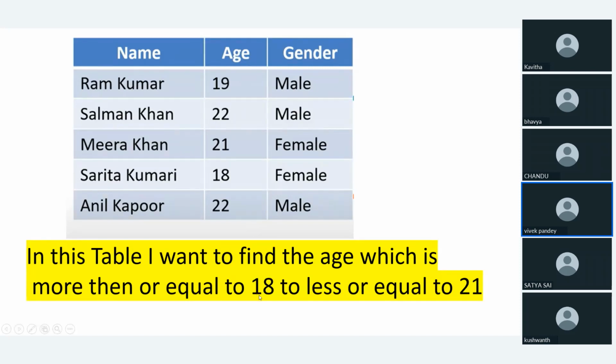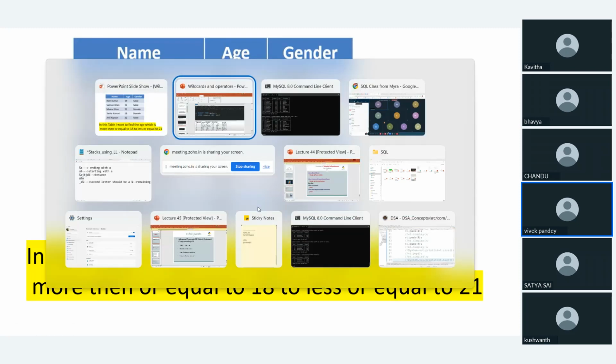It should be more than or equal to 18, and it should be less than or equal to 21. So how many do we have? I'm giving you 1 minute of time for this, at least 30 seconds. Let me see the chat box.